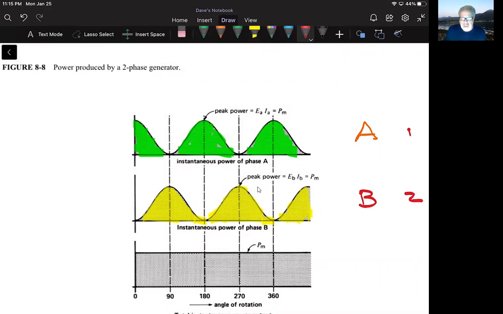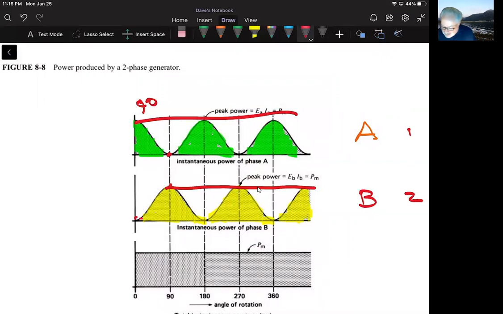If I combine those, we'll do this the easy way by not actually doing it. We'll just take his word for it, and we won't do the math that gets us there. But it's pretty obvious, isn't it? This peaks 90 degrees before phase B, and now here's phase B peaking, and here phase A is at 0. So we see that consistent across there.